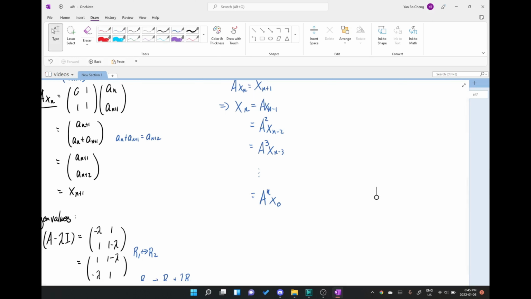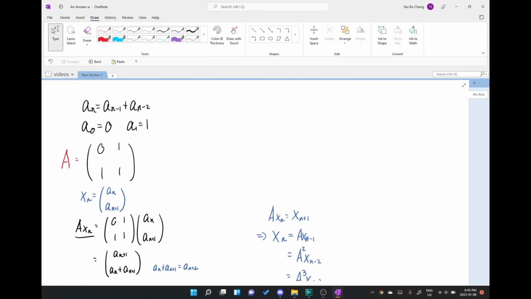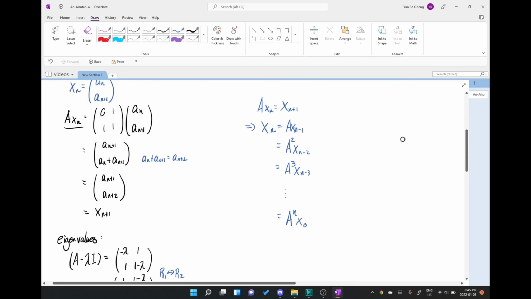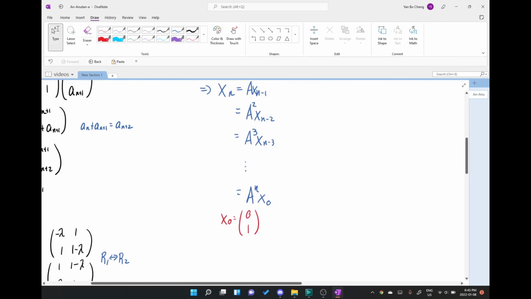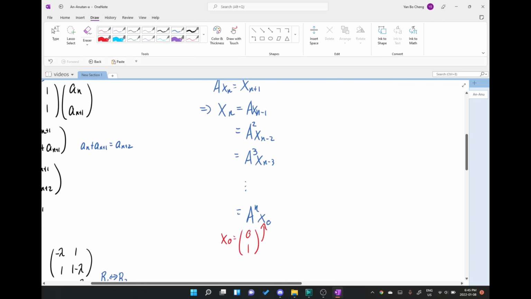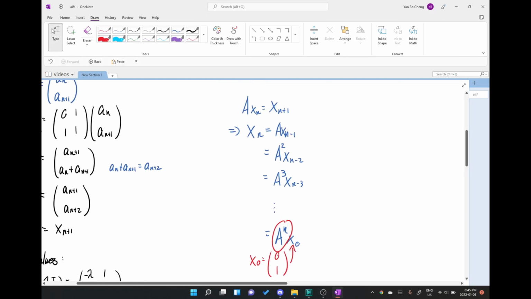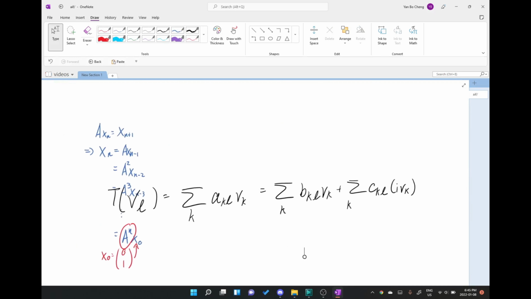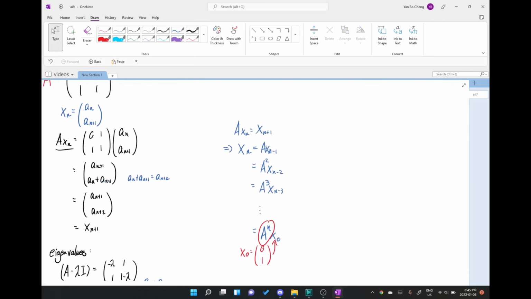And why do we do this? It's because remember how we defined the Fibonacci sequence in the beginning. We have a_0 equals 0 and a_1 is equal to 1. So we have x_0 is equal to 0, 1. And we could substitute this in here. If we could compute what A^n is, we would get what x_n is. Then x_n would have a_n as an entry in its 1 by 2 matrix.